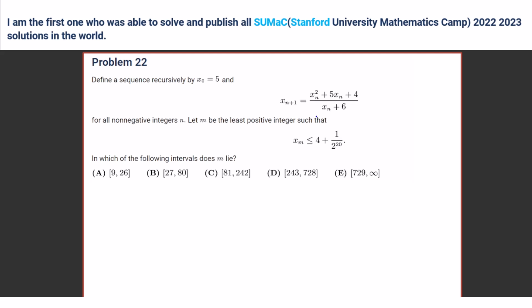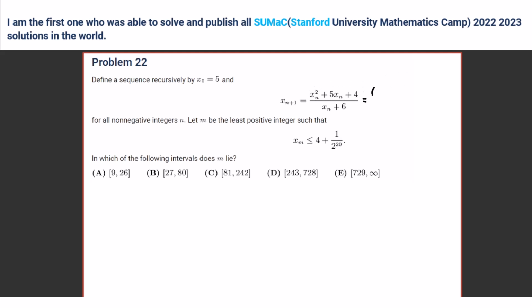Usually I would find a few terms and look for a pattern, but I'm not sure. That is one way, but also you should see if we can rearrange this, as in many problems like this. You rearrange and you will find a better recursive sequence. For example, the numerator, you can factorize it.